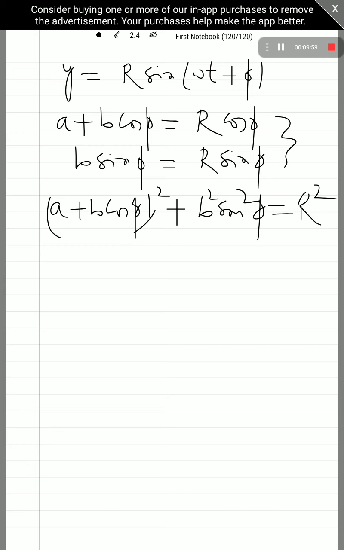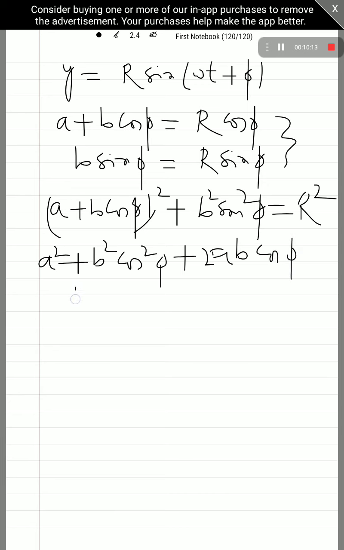Now if I expand this square, it will be A square plus B square cos square phi plus 2AB cos phi plus B square sin square phi equal to R square.